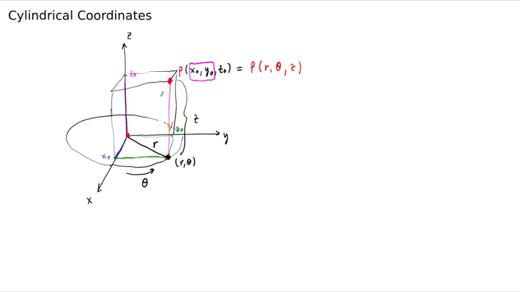This circle is extended up all the way through space, and we can now think of this point P as lying on the edge of a cylinder whose radius is r, and the height of the point on the cylinder is z, and then the angle of rotation in the xy plane, from the x-axis to the y-axis in the usual orientation, is the angle theta.